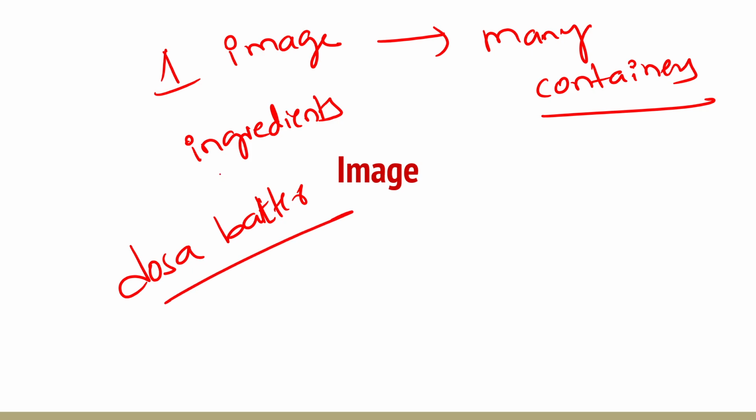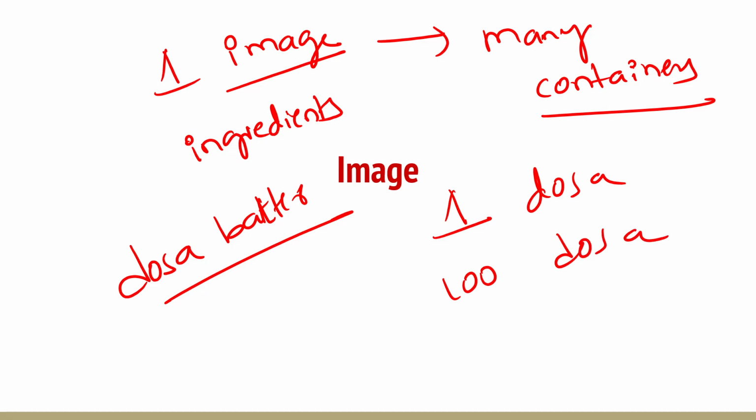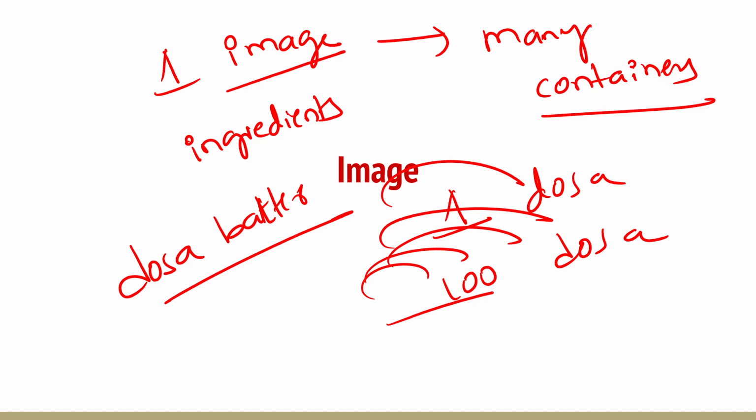That is my ingredient, that is my image. If you want one dosa I'll make one, or I'll make 100 dosas. How am I making them? I am putting them in containers. You can make as many as possible, in as many boxes as you can, and send them to somebody. You can even do business with that. So this is the linkage between container and image. The image is like your ingredient, and the container is the lunch box which I use to carry the food.